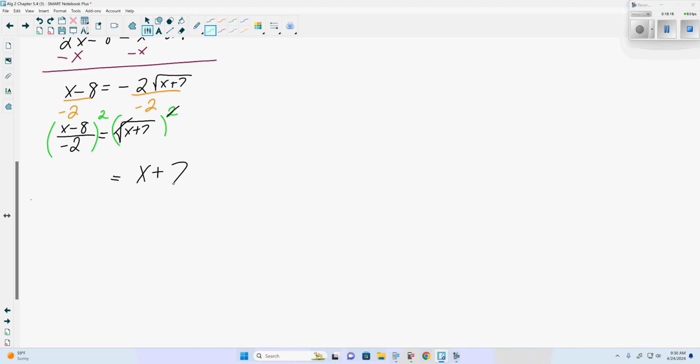Left-hand side, we're multiplying it by itself. So we're multiplying x minus 8 over negative 2 by x minus 8 over negative 2. Multiplying it by itself.